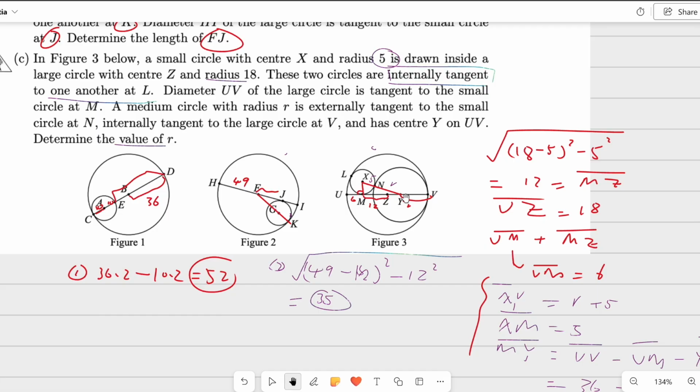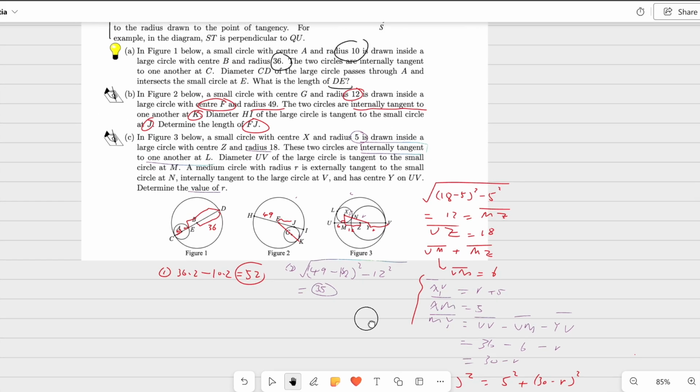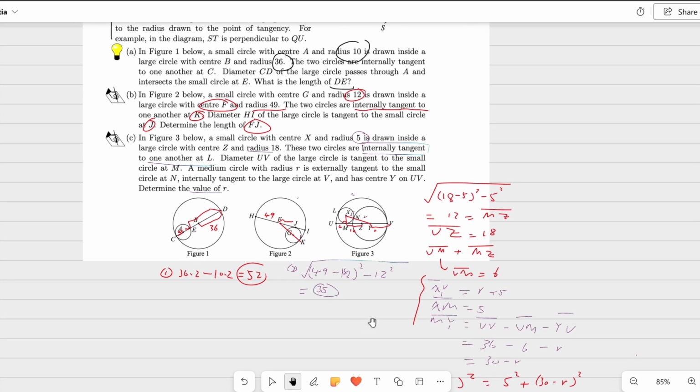So we connect X and Y and use line XM, line XY, and line MY to form another right angle triangle. After that, we use the Pythagorean theorem, list an expression containing variable R, and solve it to find the value of R.